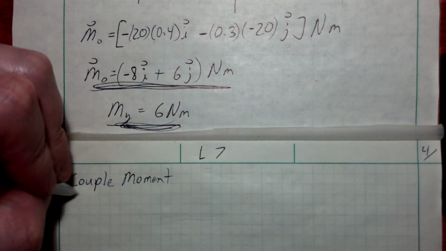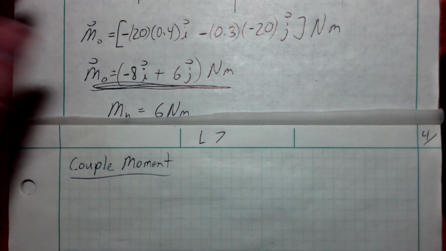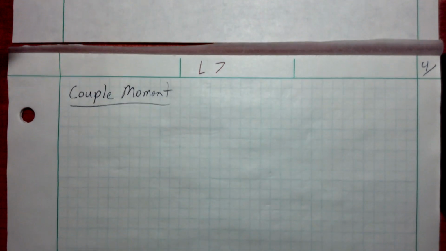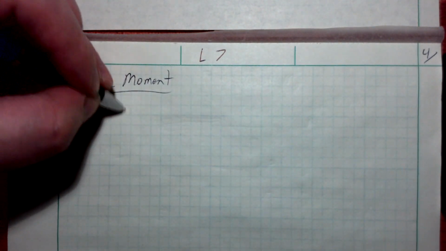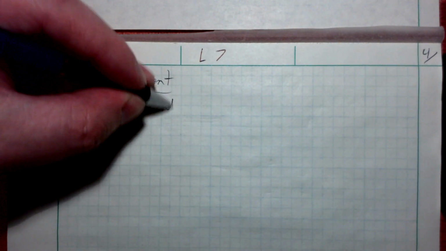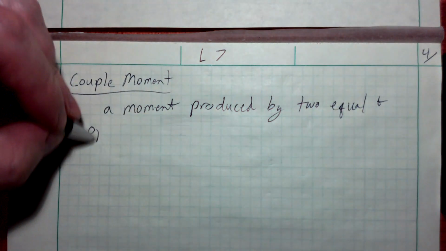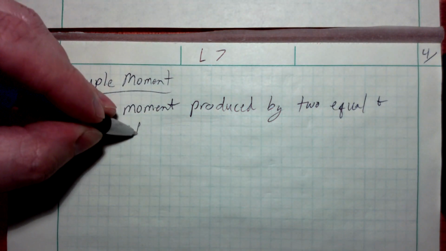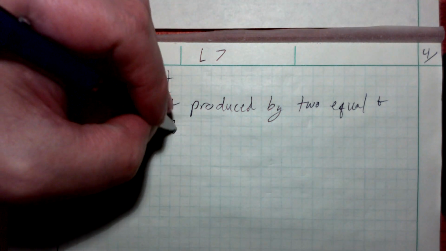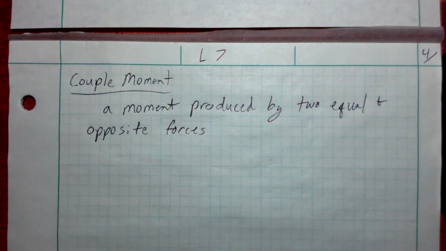Within Chapter 4 is this concept of the couple moment. The couple moment is a moment produced by two equal and opposite forces.